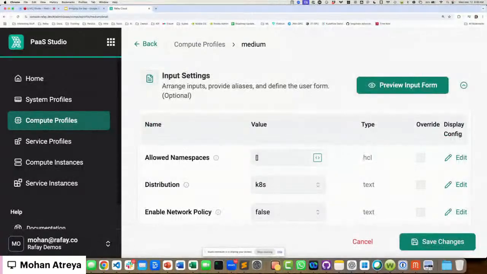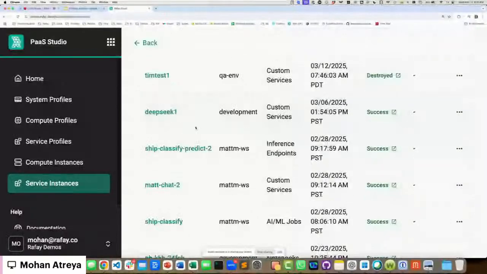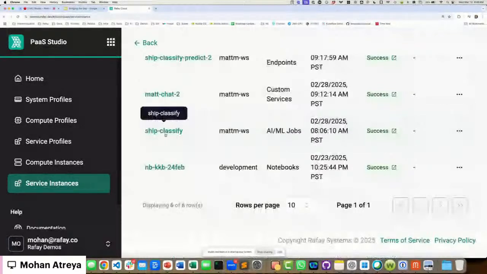Same thing with services. If you want to have DeepSeek, the example you saw was this, right? We did another one where we said, hey, this company wants to do some classification of ships as an AI ML job. It should be a button click away, all right?